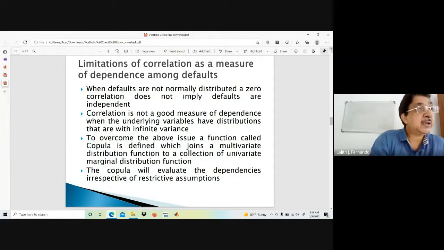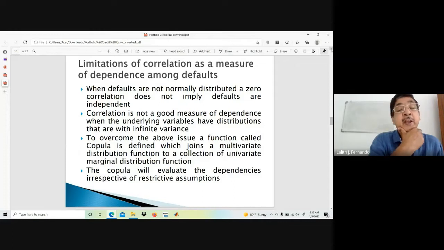Now I think you can find several examples of this. You all know that in some cases, some advances becoming default might really affect other advances becoming default. We call it a contagion effect.